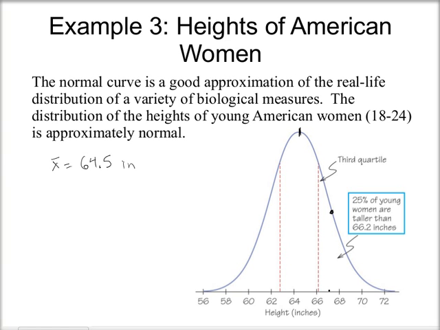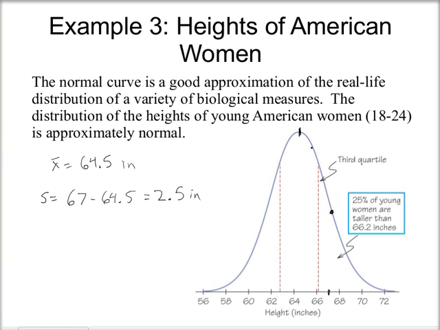And that point is at about 67 on my graph, so my standard deviation, S, is going to be the distance from that point to the mean. So that's 67 minus 64.5, which is 2.5 inches, so my standard deviation is 2.5 inches.